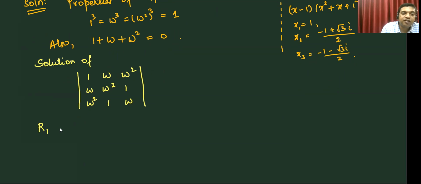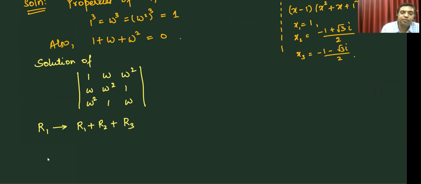See, I will transform row 1 as row 1 plus row 2. Then after that, next step, I can do the transformed row 1 plus row 3. That means I can do this operation, row 1 as row 1 plus row 2 plus row 3.